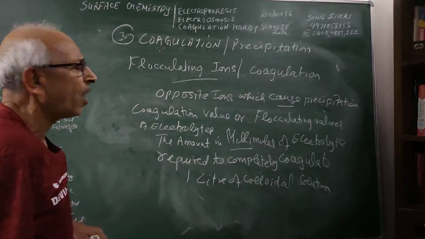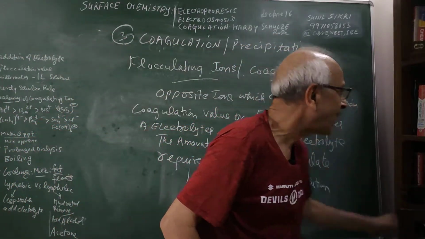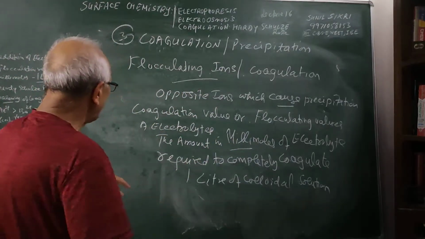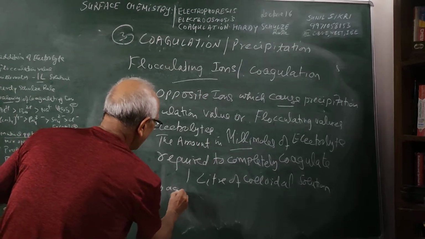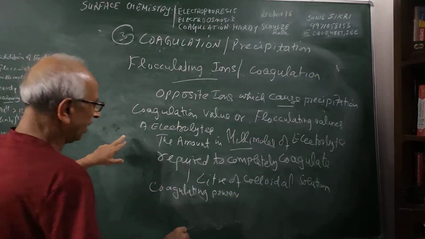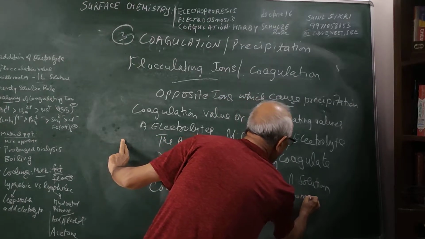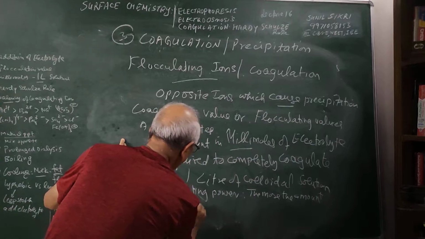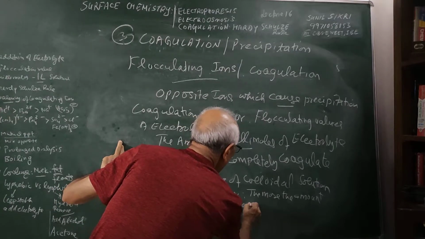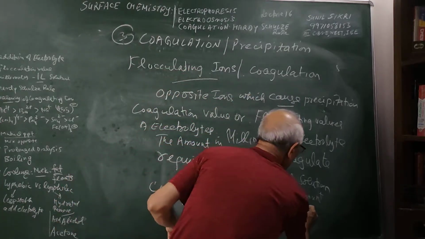That means how much amount you need, in millimoles of the electrolyte, in order to completely precipitate 1 liter of the colloidal solution. When I say coagulating power or flocculating power, the more the amount needed to coagulate, the lesser is the coagulation power.